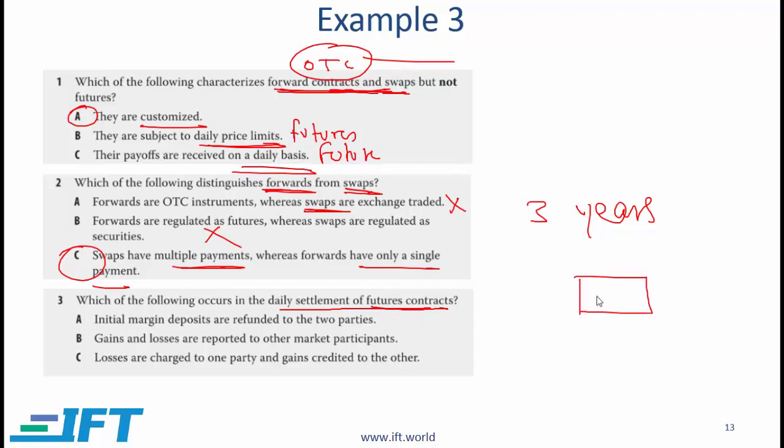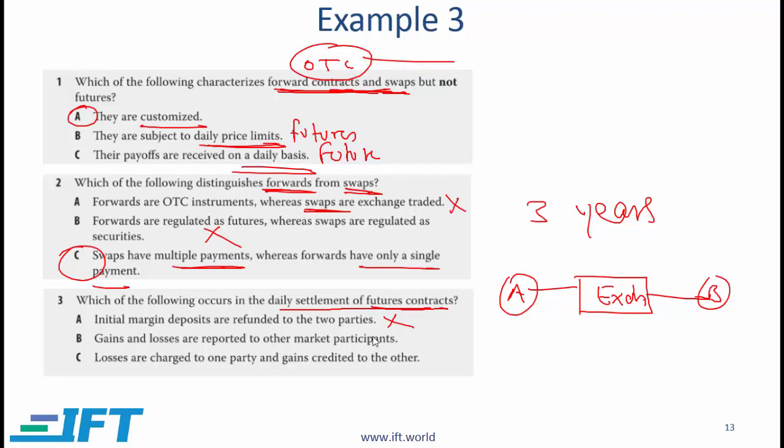With futures contracts, we have the exchange in the middle and two parties, the long and the short, which will interact with each other through the exchange. For a party to enter into a contract, it must post a certain amount of money. That is called the initial margin. So both parties, the long and the short, have to post an initial margin. That is really an initial deposit. You can think of it like a security bond, or you can think of it like a performance bond.